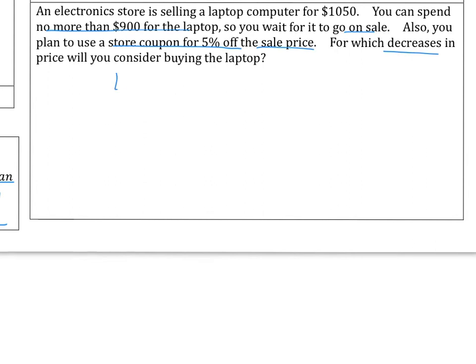I'm going to let P equal the sale price. And 0.05 times P equals the amount of discount from the coupon.